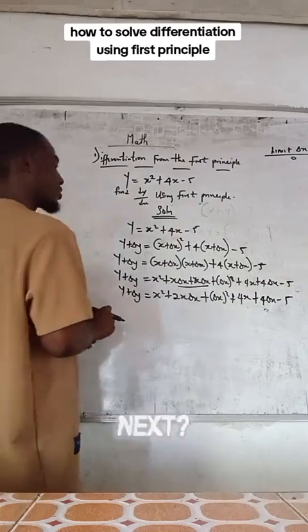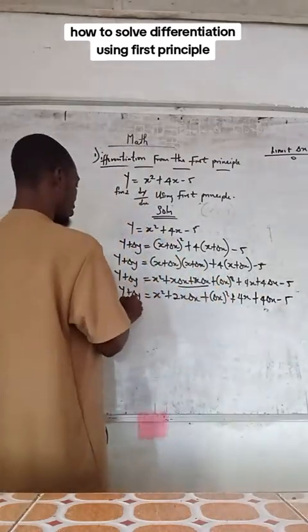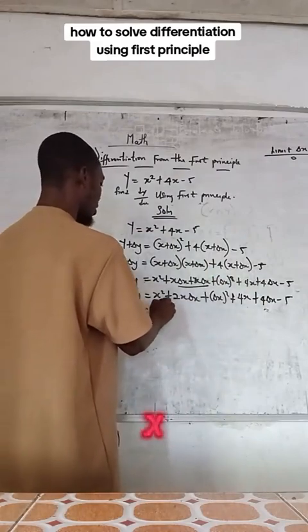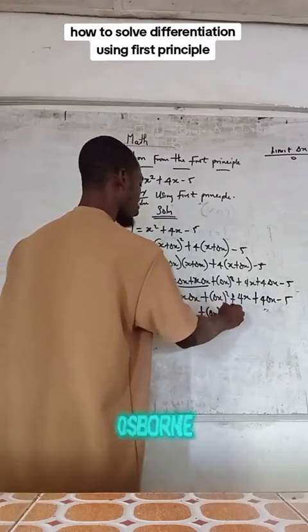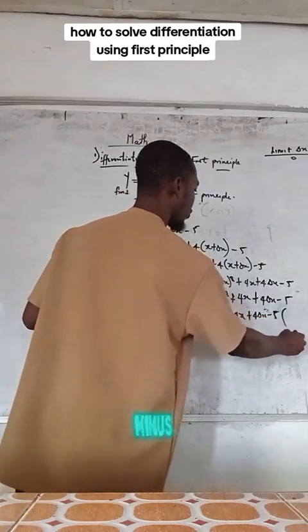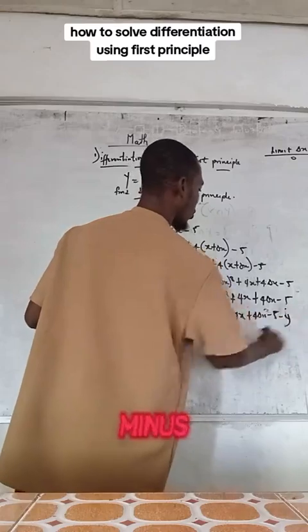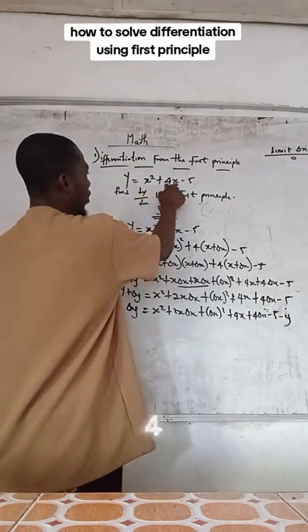What do I do next? I bring the y to the other side. So dy equals x squared plus 2x dx plus dx squared plus 4x plus 4 dx minus 5, minus the bracket of y. What is my y? My y is x squared plus 4x minus 5.